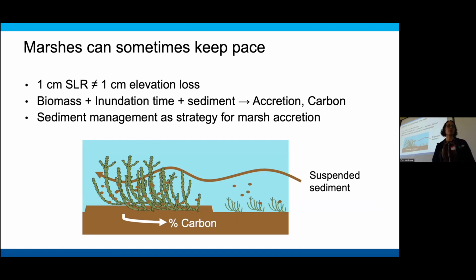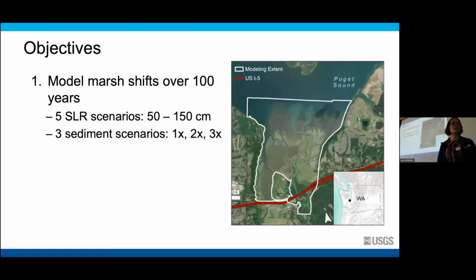And it's important to incorporate these processes into elevation change models as we estimate how the distribution of marsh ecosystems is going to change. And so I'm going to share some work that I did while I was at USGS. And we had a study to look at marsh changes. And this study had two objectives.